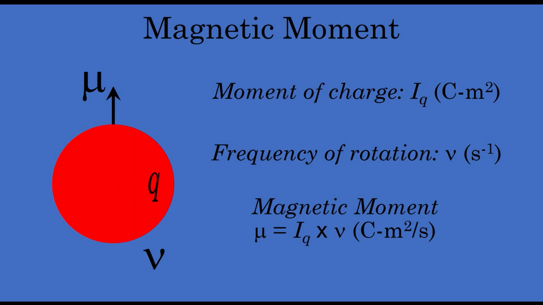However, for a spinning particle, it seems more appropriate to interpret it as a moment of charge, coulombs meters squared, similar to the moment of inertia for mass, kilograms meters squared, times a frequency of rotation, reciprocal seconds. If I_q is the moment of charge and ν the frequency, then the magnetic moment μ_p of a charged particle becomes μ_p = I_q ν.